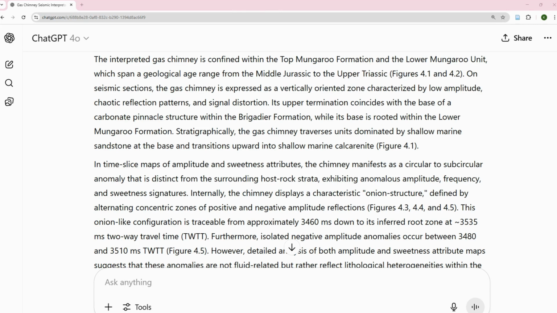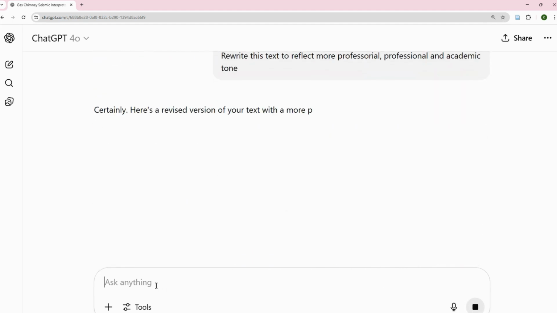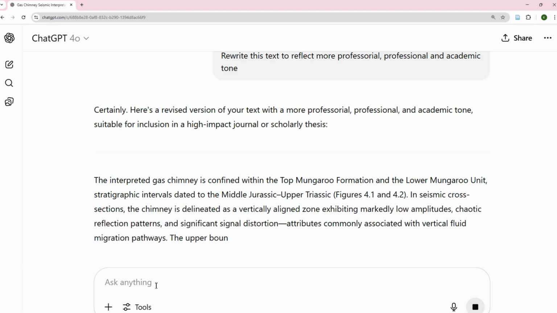So what we can do is we can say, for example, rewrite the text to reflect a more professorial, professional, and academic tone. So we want to write like a professor and see if there's going to be a difference from it. Because a professor should be a professor, isn't it?